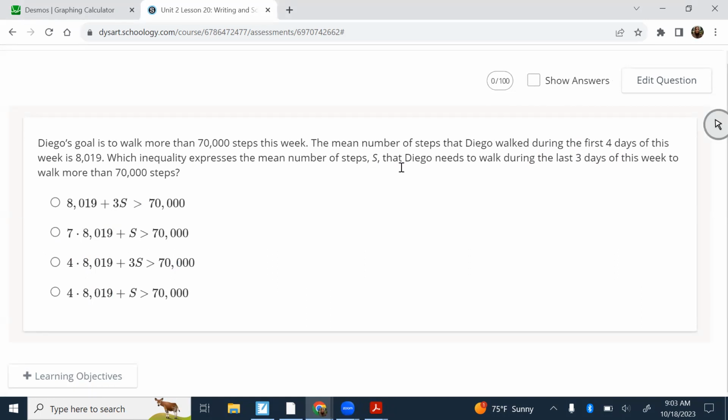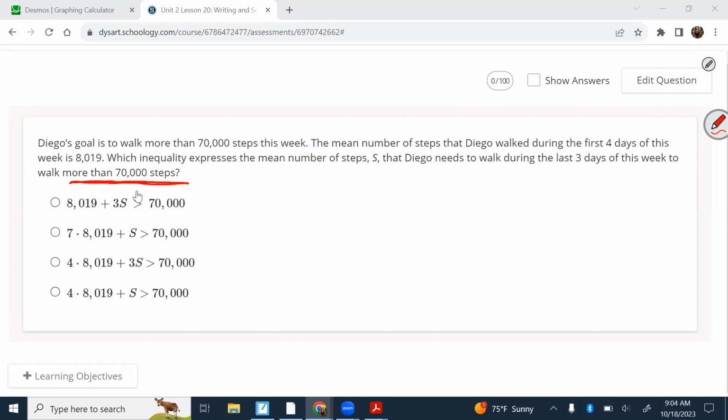Which inequality expresses the mean number of steps S that Diego needs to walk during the last 3 days of this week to walk more than 70,000 steps? So first, I would tell you to look at your totals first. But if you look at all your answer options, they all have the total of 70,000 and they all have the same exact symbol. So we can't eliminate anything based on that, but that's usually an easy way to eliminate stuff.